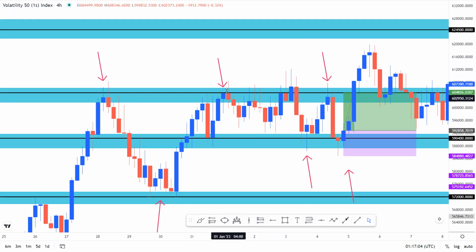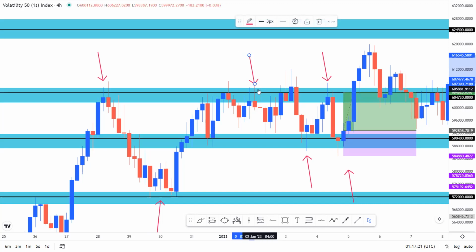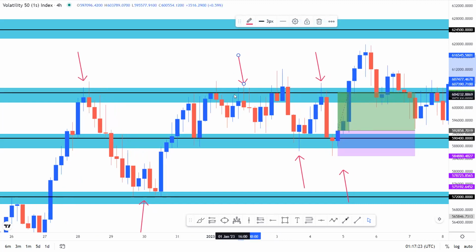And you can see how this is both a combination of a rejection and an engulfing, as it clearly overshadows the previous bullish candlestick that came into the level. We also had a lot of rejection candlesticks, so you had yourself so many entry confirmations to go short from this level.